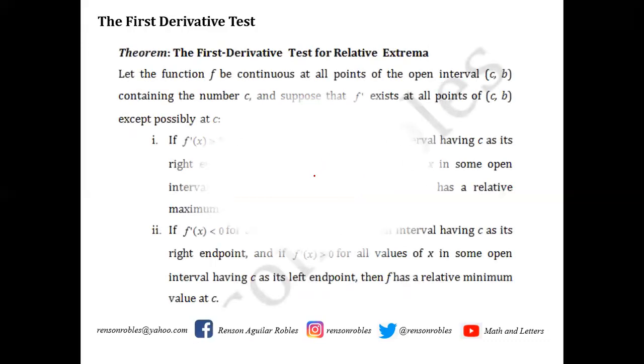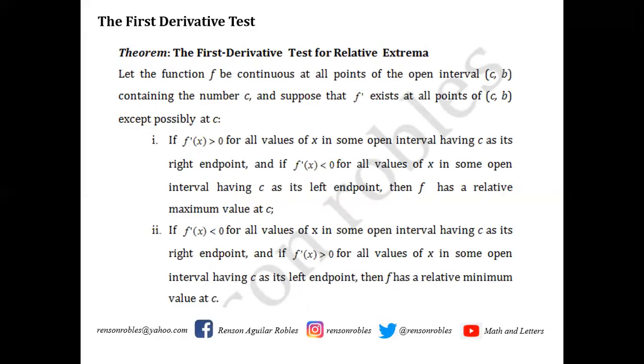Okay, so the first derivative test tells us that if we let a function f be continuous at all points of the open interval containing the number c, and suppose f prime of x exists at all points of the interval except possibly at c, then c is a relative maximum value whenever f prime of x is greater than 0 for all values of x in some open interval having c as its right endpoint.